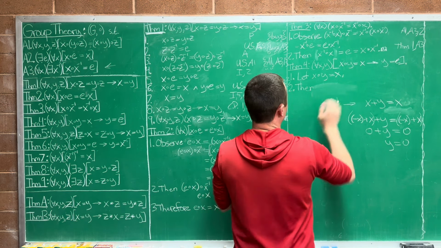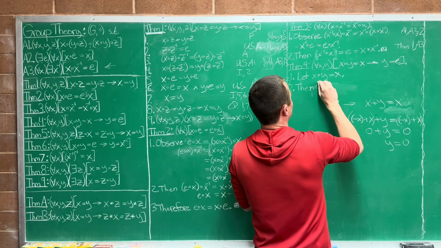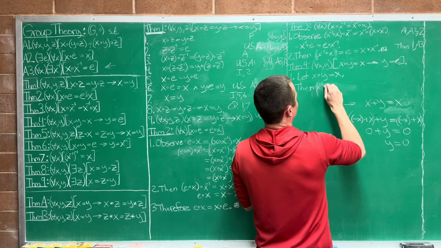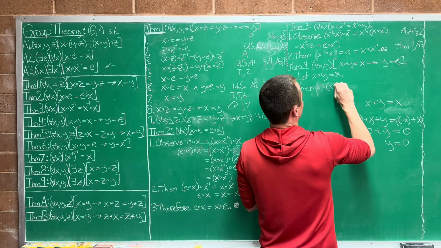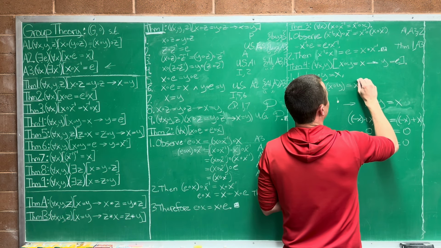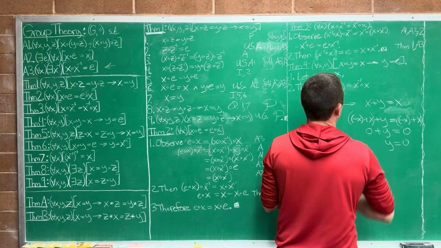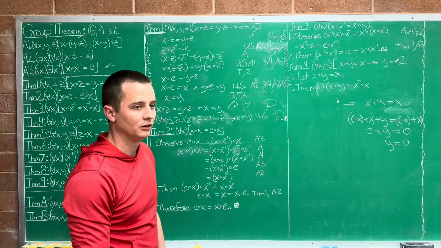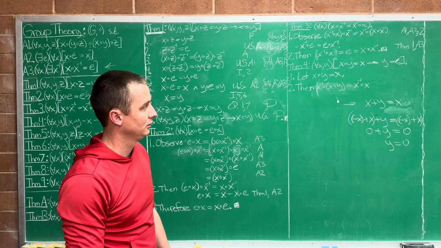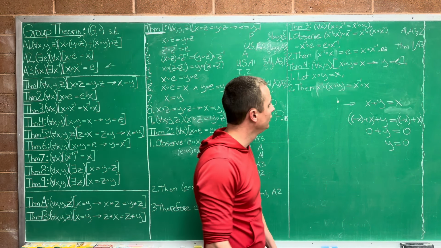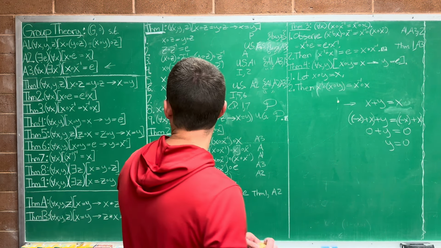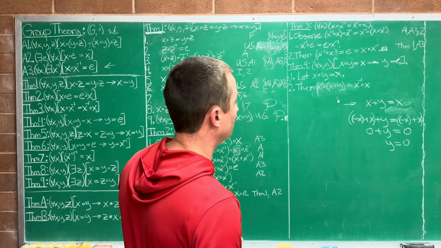So then x inverse circle x circle y is equal to x inverse circle x. Right? Okay, so now what? You can move the parentheses, axiom, or yeah. Axiom what?